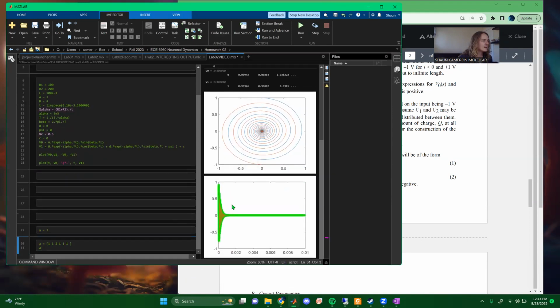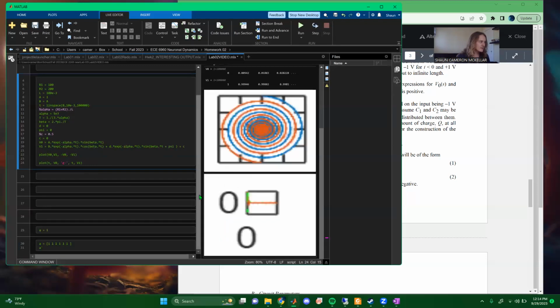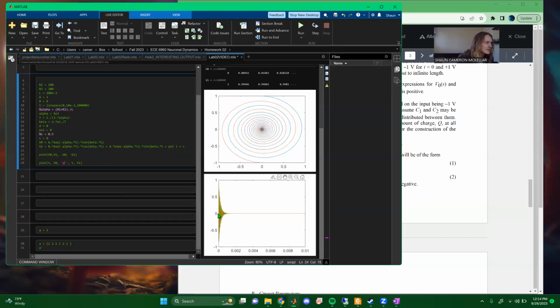But I can see my whole graph, and I see these two decaying sinusoids. I'm going to just set that one as a green line real quick. They're exactly overlaying, and if I stare down the time axis of my plot on the bottom, I see this spiral shape, and that's really cool.